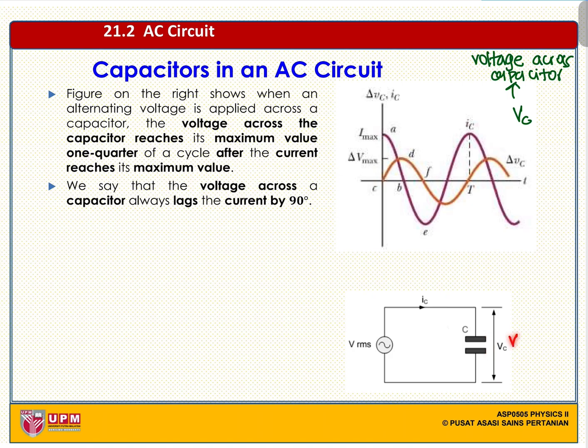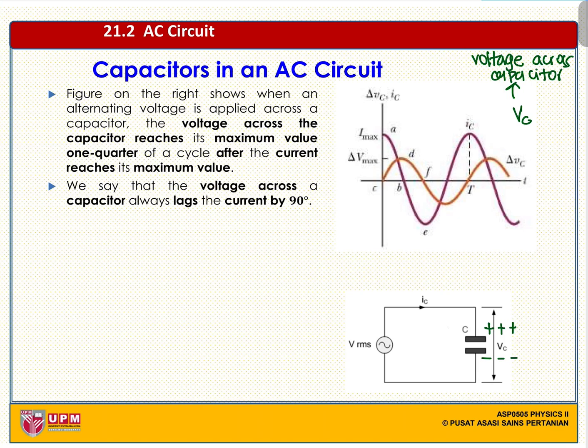So V is zero, so current can flow at its maximum. When current flows here, charge will accumulate here. Positive here, negative here. As charge accumulates here, the more charge accumulates, the more your current will decrease.